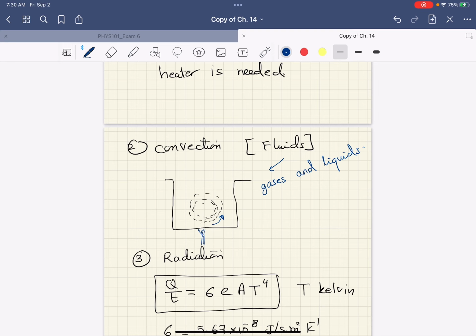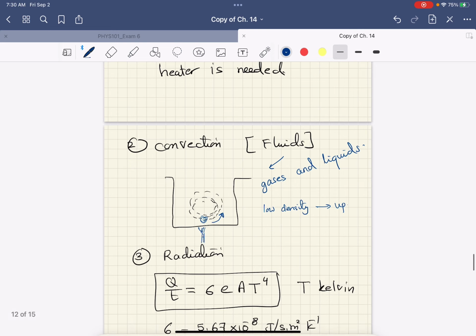Why are these currents created? Because this is gonna be warm material, so it's gonna have low density. Low density is gonna go up, and then it will push the cold material down, and then we're gonna have currents up, currents down, and the heat will be transferred throughout the fluid.